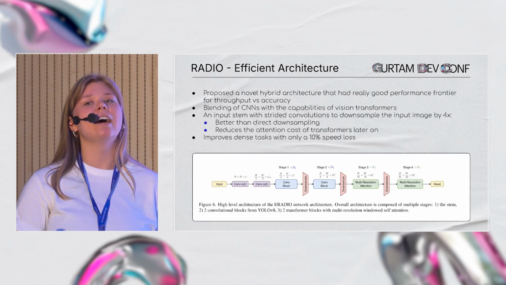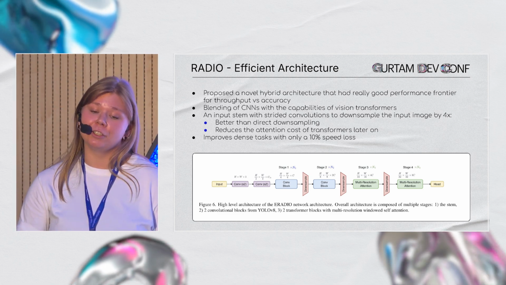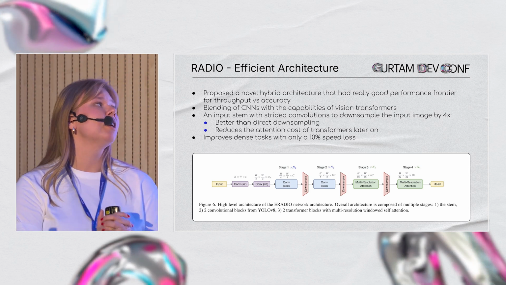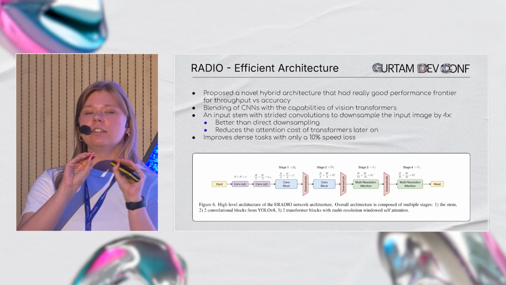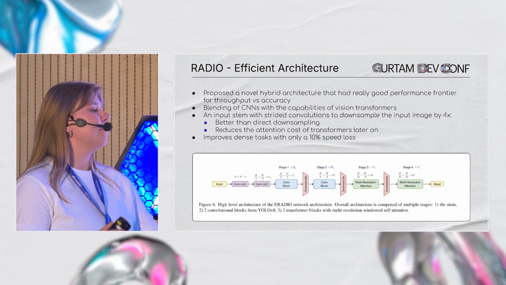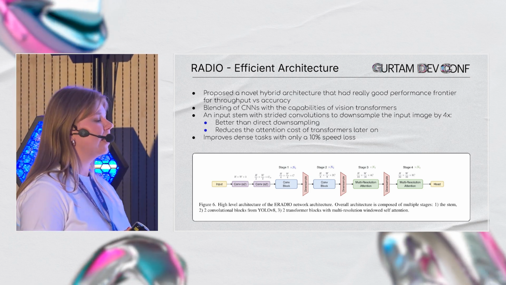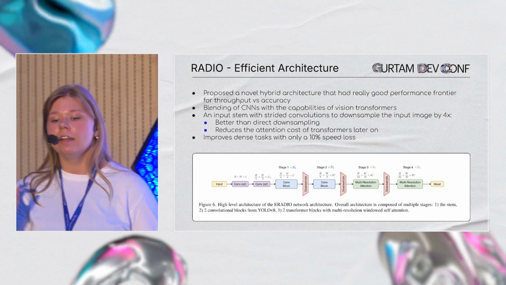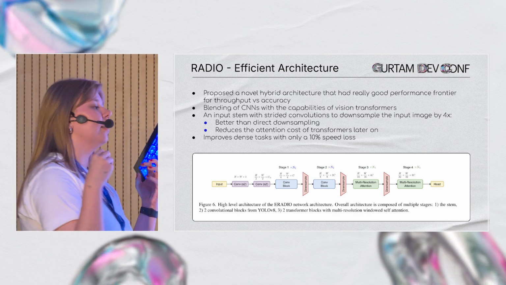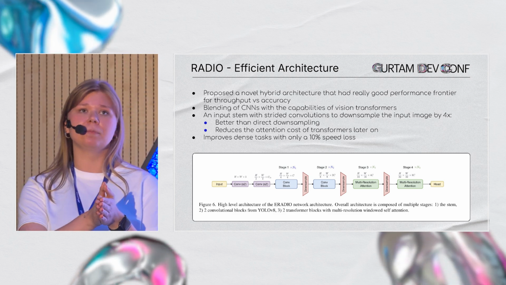And how they solved it: they came up with their own efficient architecture, which actually combines the best of both worlds, because they combined convolutional neural networks and transformers. They left most of the transformer architecture, but they added some convolutional layers at the beginning, because a very good thing about convolutional layers is that they allow you to reduce your data size.